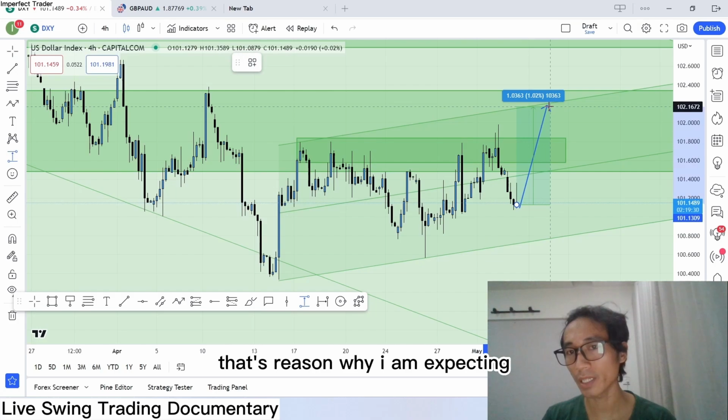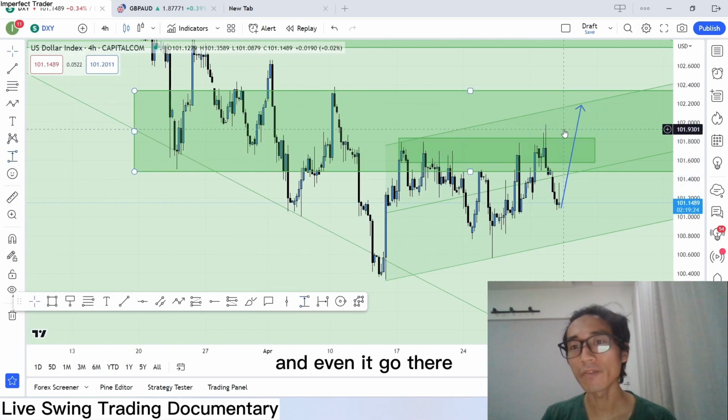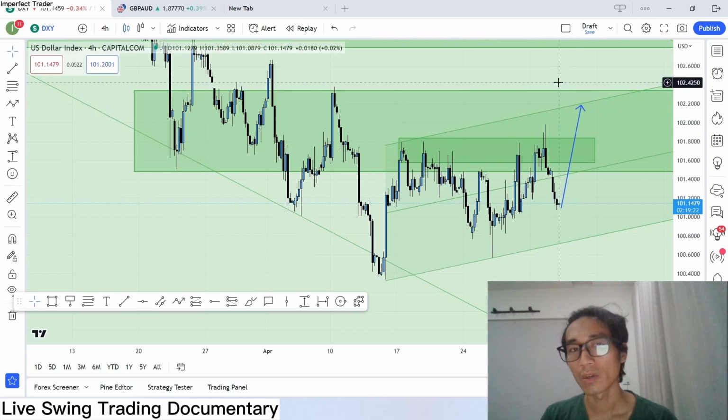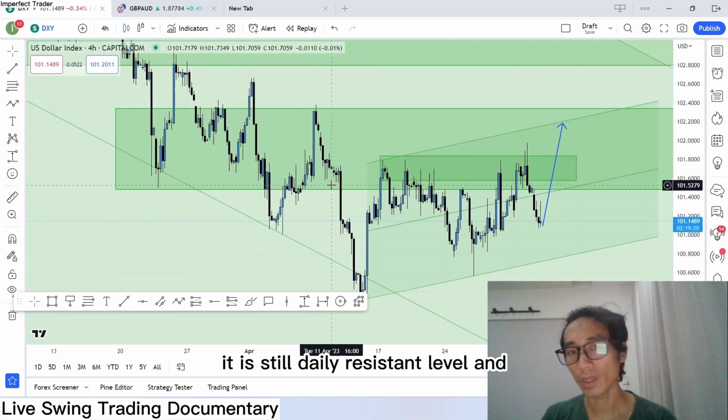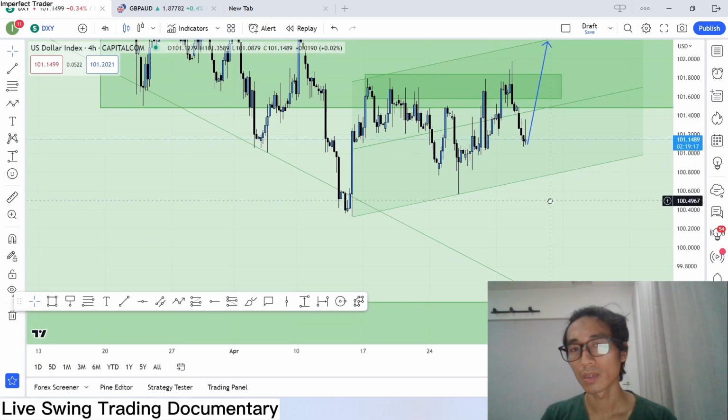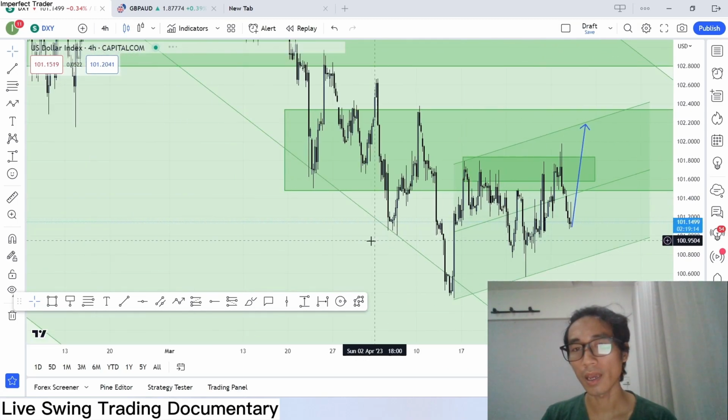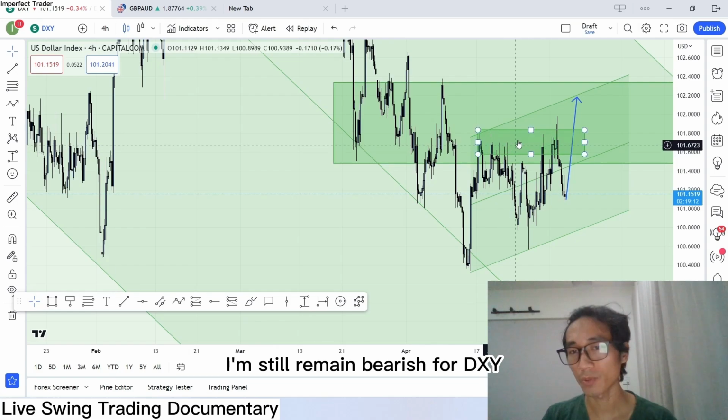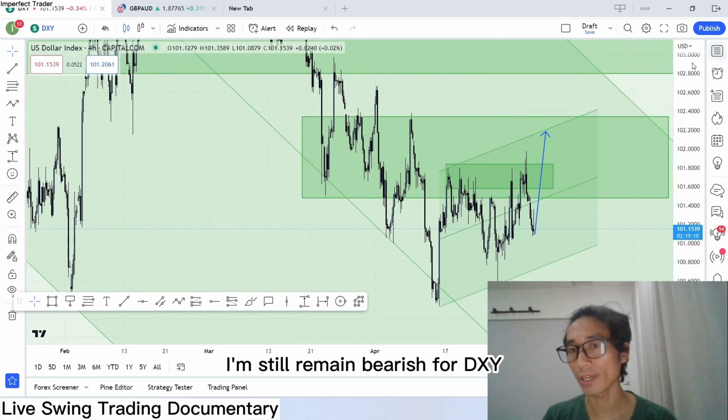That's the reason why I am expecting that in the worst scenario, price gonna go here, and even if it goes there, it is still daily resistance level, and also from daily perspective, I'm still remaining bearish for the DXY.